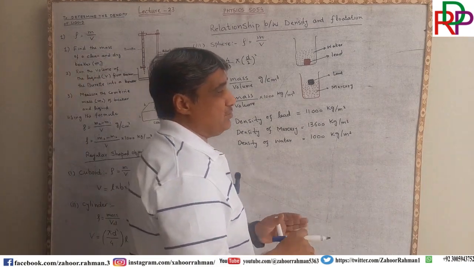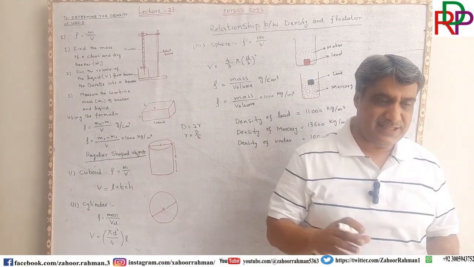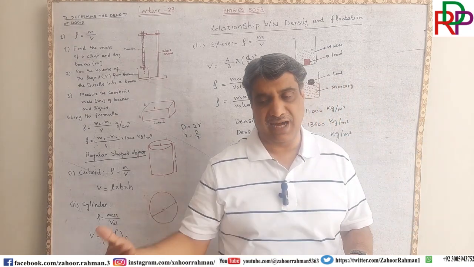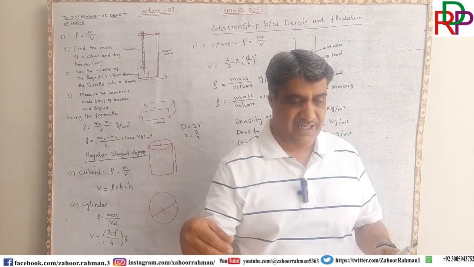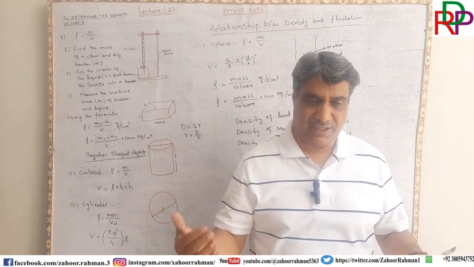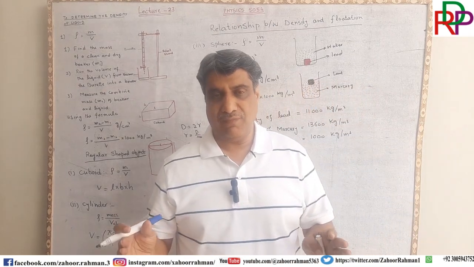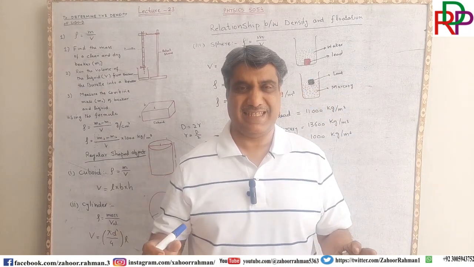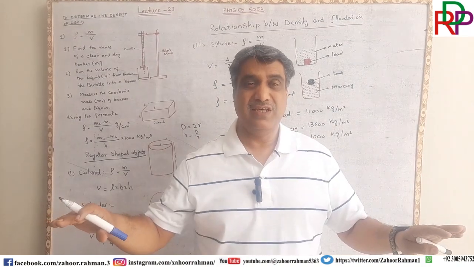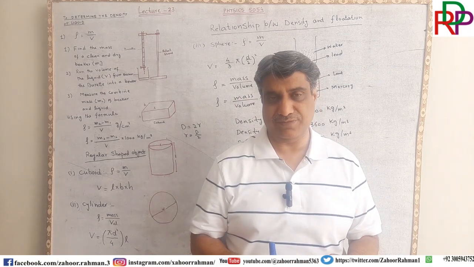So if now the question is why a small needle is sinking down inside the water, the density of that iron needle is much greater than the water, so it is sinking down. But if we find the density of a block of wood, that would be less than the density of the water, so it will float on the surface of water and it will not sink down.